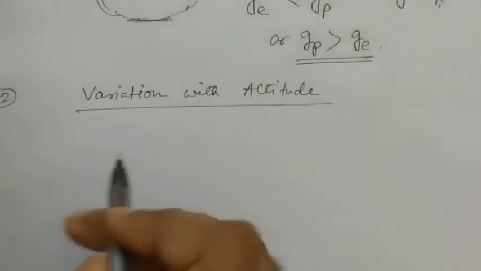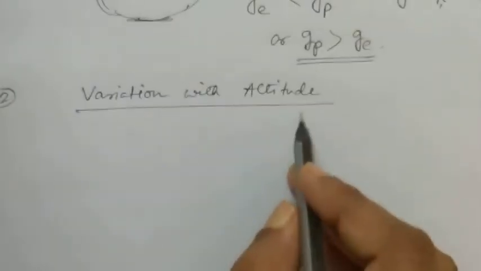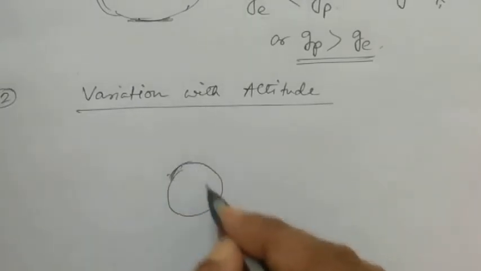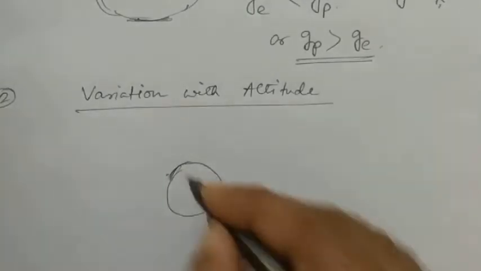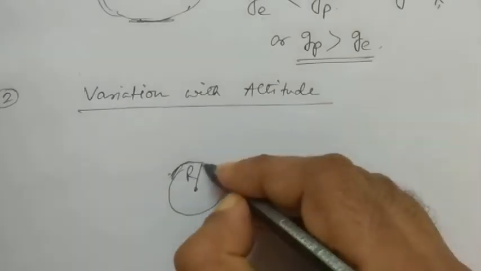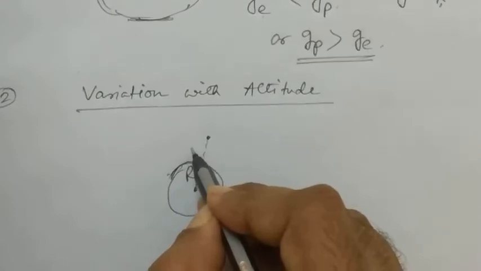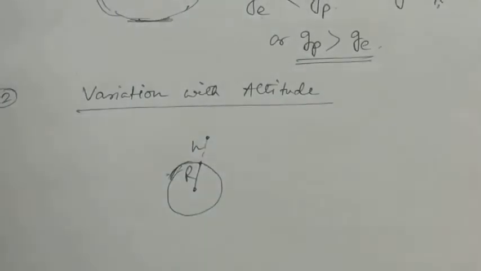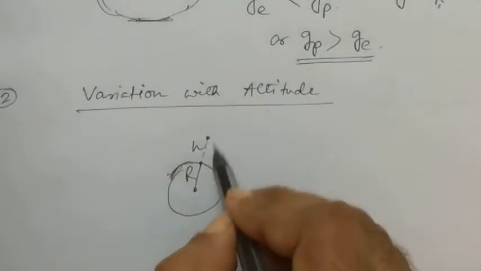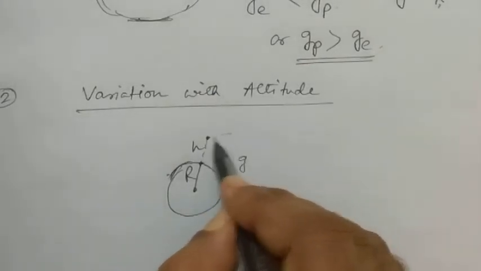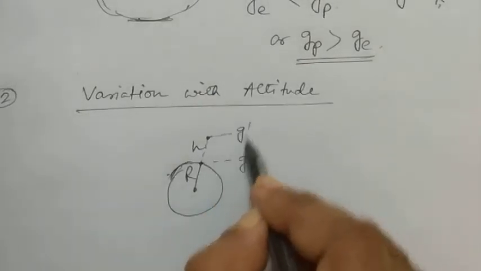The second point is variation with altitude. If this is the earth, the center of the earth is here, this is the radius of the earth, and we are taking the object from the surface of the earth to a point here at a height of small h from the surface. The value of g at the surface is g, and we have to calculate the value of g at this point.